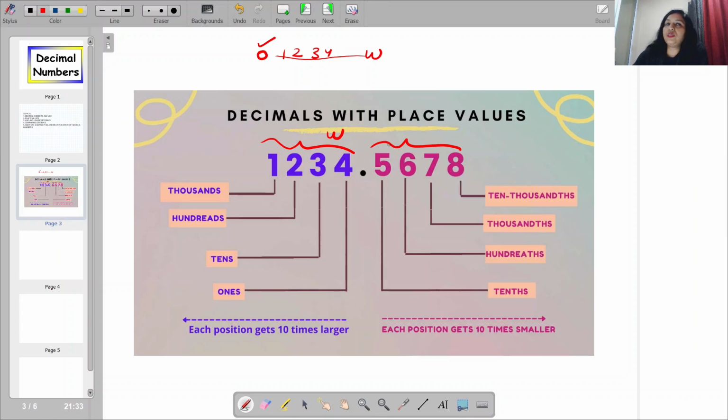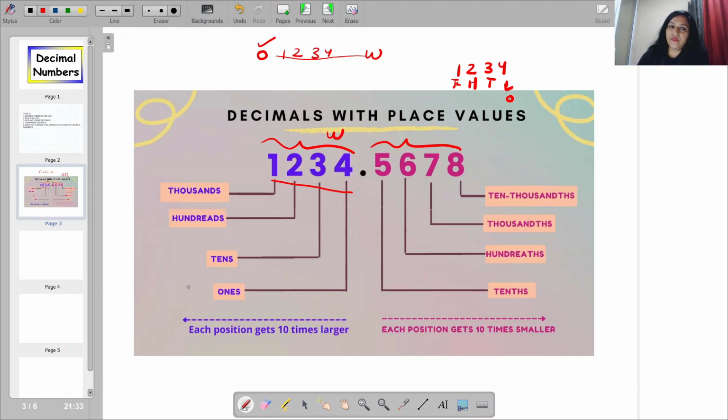Now, how to decide the place values of this number? Let us first talk about just the whole number part. If I take this number separately, 1, 2, 3, 4, forget the decimal for a while. Starting from the rightmost side, this is ones, tens, hundreds, thousands, ten thousands, and so on. We know this, right? A similar thing will be applied here. There is no change.